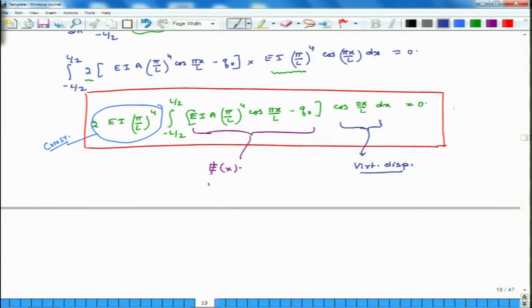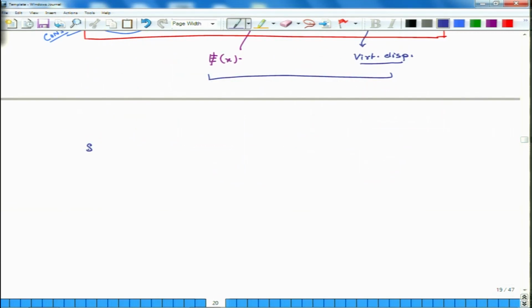So what this means is that the special Galerkin method minimizes the integral of the square error.